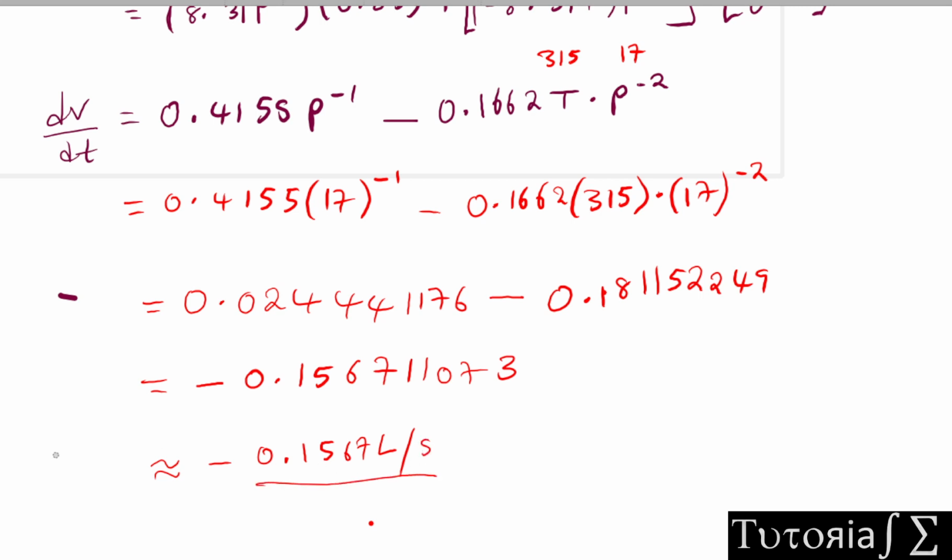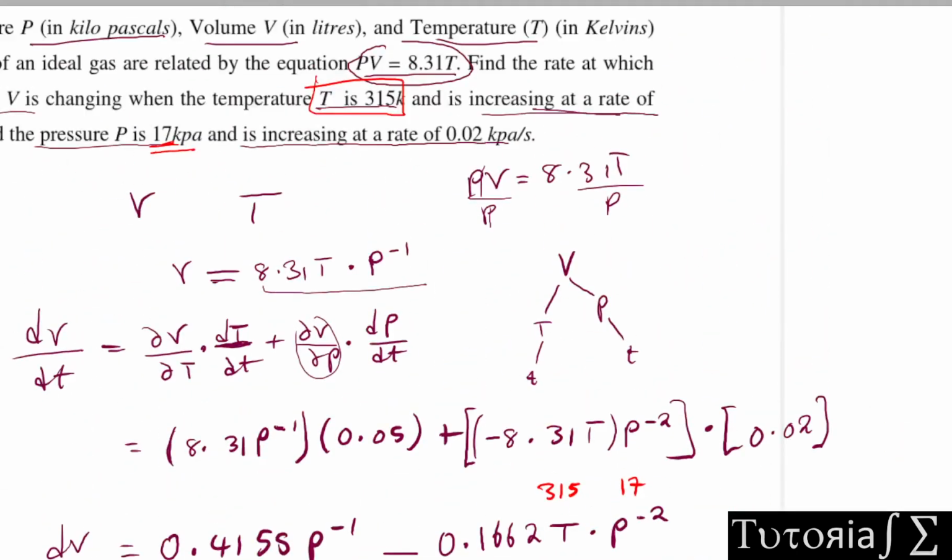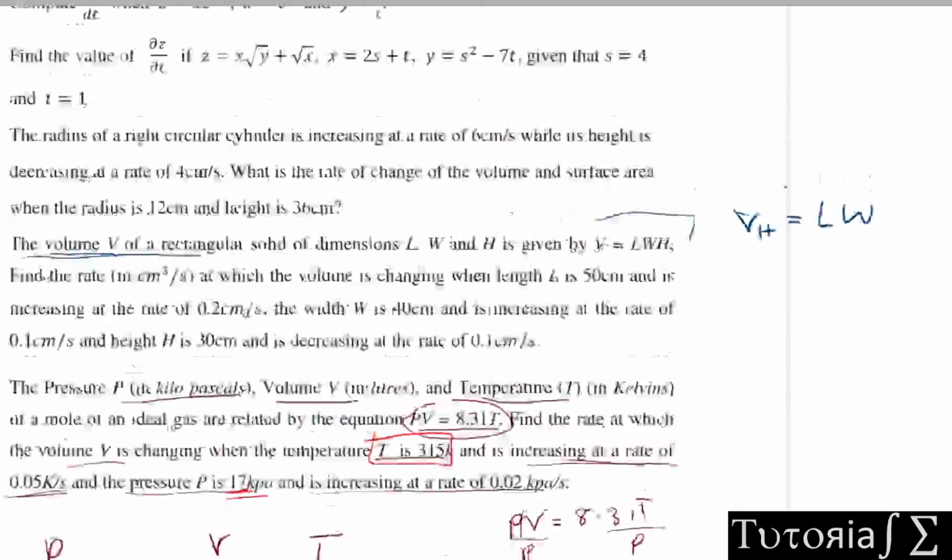So that is the rate of the volume. So the volume is decreasing. So that is about it for these questions. We move on from here and we are done with this tutorial sheet.